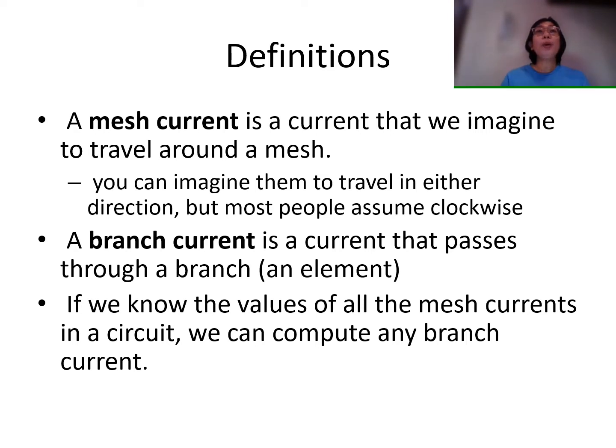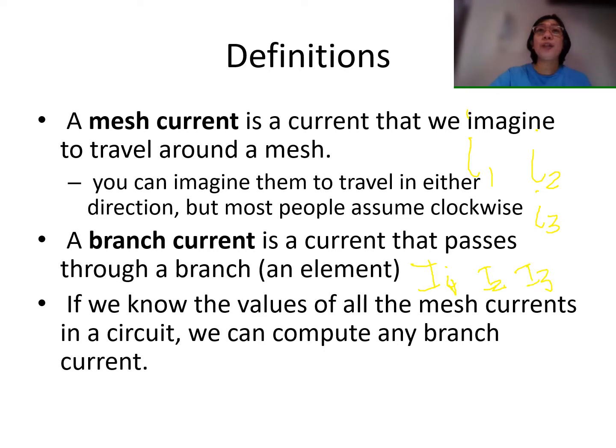Usually we denote mesh currents with small letters, for example i1, i2, or i3. For branch currents, we usually use capital letters, for example I1, I2, and I3.